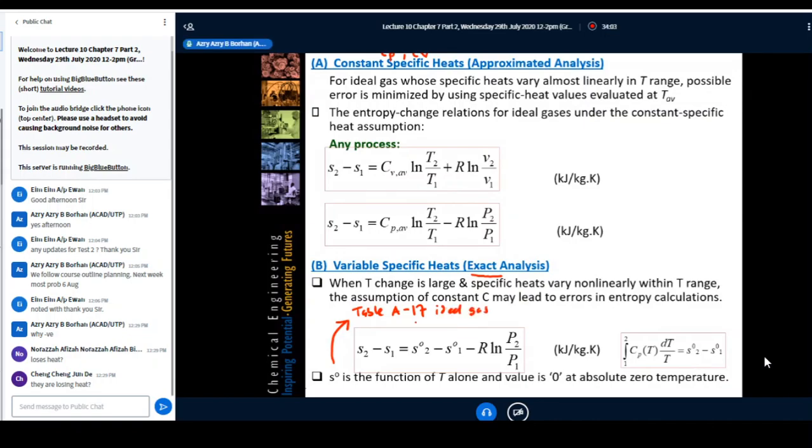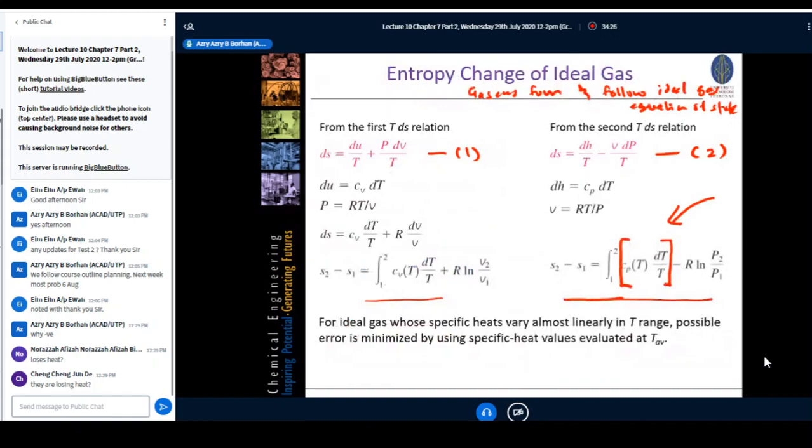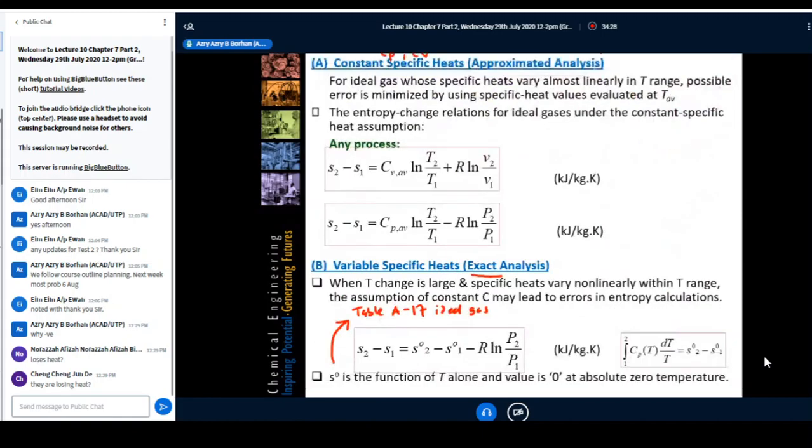That means if your temperature is T1, that gives you s naught 1, and T2 will give you s naught 2, and so on from the table, as defined in this particular equation. So guys, remember that under the ideal gas equation of state, or a gas that resembles ideal gas behavior, you have the constant specific heat method and also the variable specific heat method.